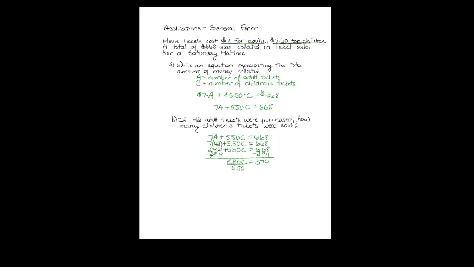Divide both sides by 5.50. On the left, 5.50 divided by 5.50 gives you 1C, so the C is isolated, equals 374 divided by 5.5, 68. So your answer is 68 children's tickets.